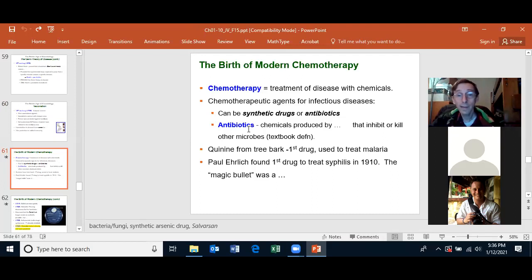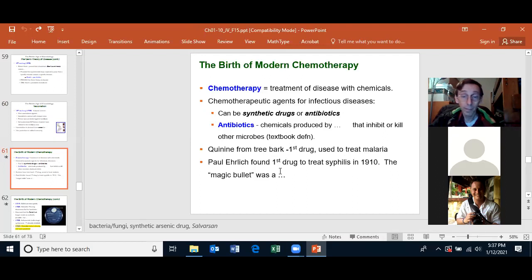Now, the first chemotherapeutic agent used to treat an infectious disease was actually quinine that was found in the bark of the cinchona tree. You don't need to know that for this slide. And it was the first drug successfully used to treat a disease, which was malaria. That was the first drug ever used to treat a disease.